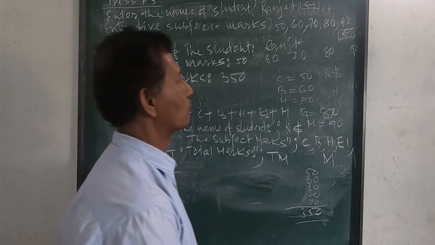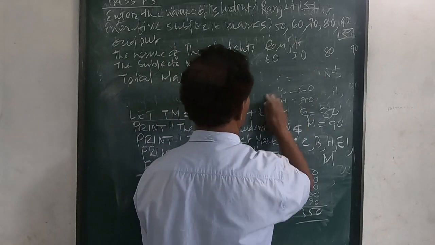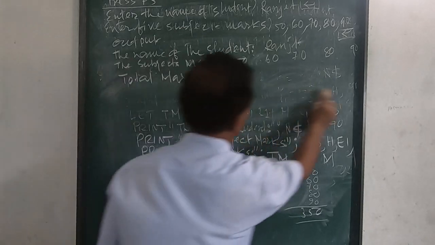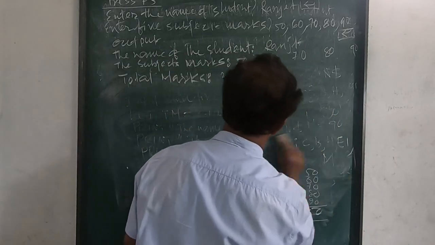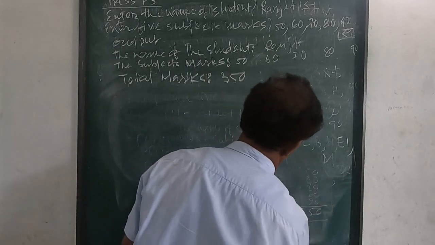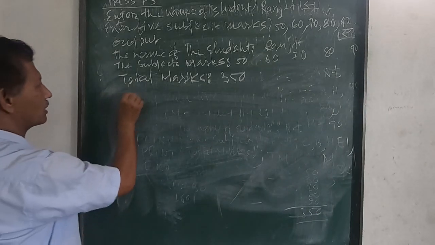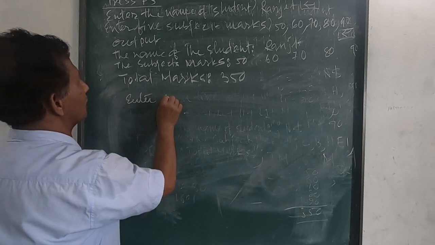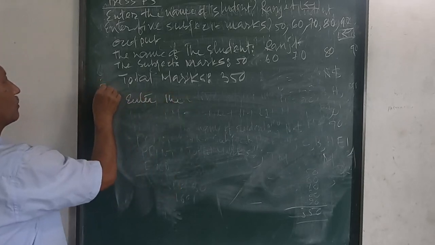Next time when you run the program, the question mark will come here again. You can give different values for the variables, and then you will get another output. Second time, press F5.